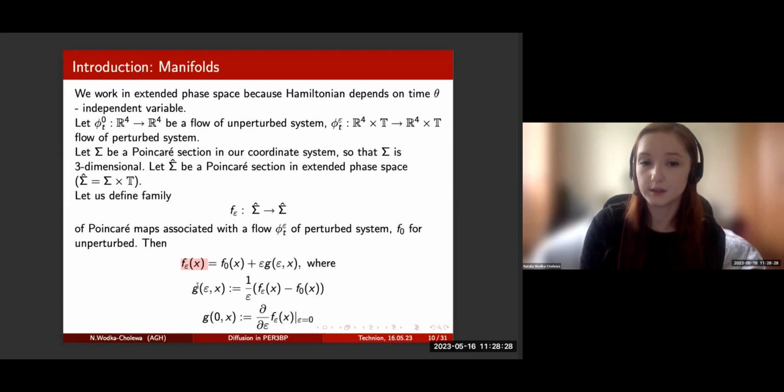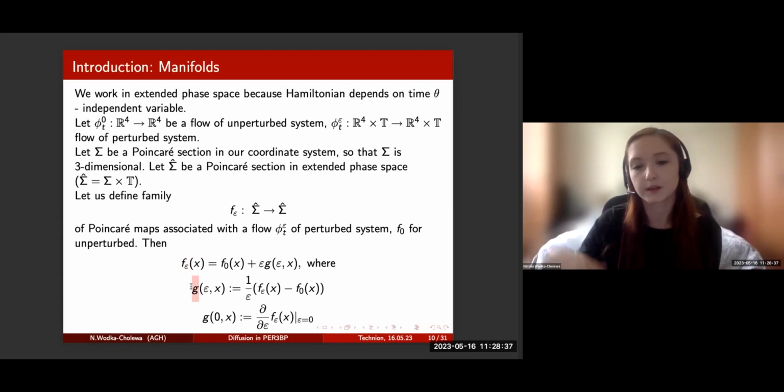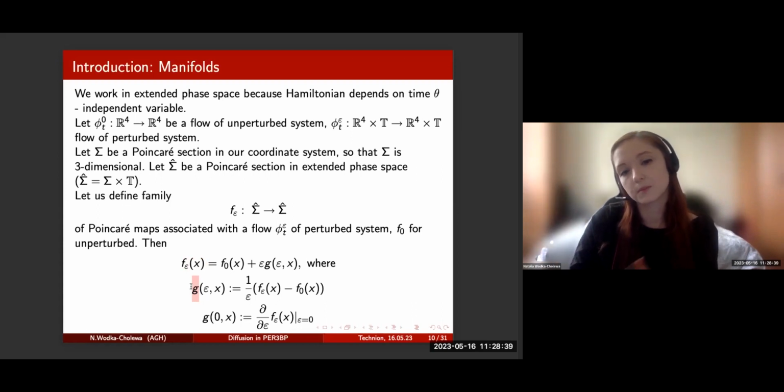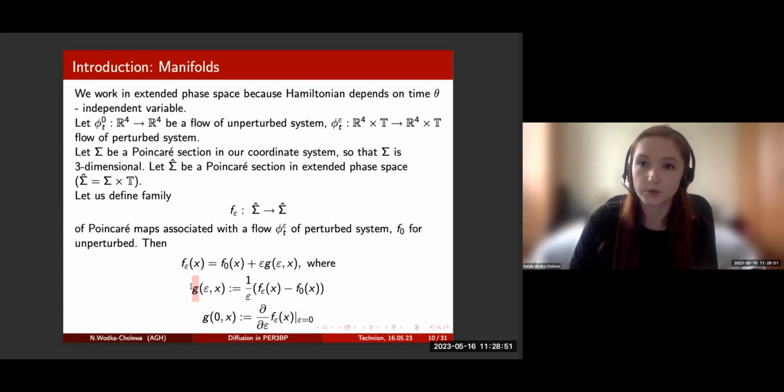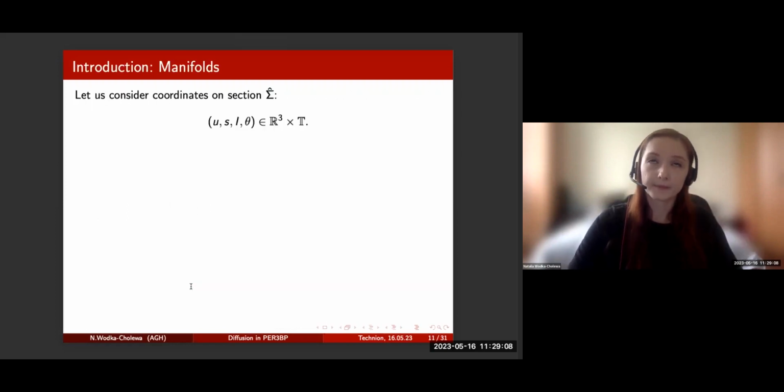So the g is important for us because this measures the difference between the Poincare maps for the unperturbed system and perturbed systems divided by epsilon for our perturbation. So this is something that we want to study and want to know what's going on with it, or maybe do some calculation for this g function. So it will be later in the theorem.